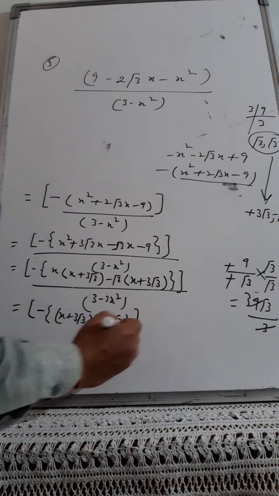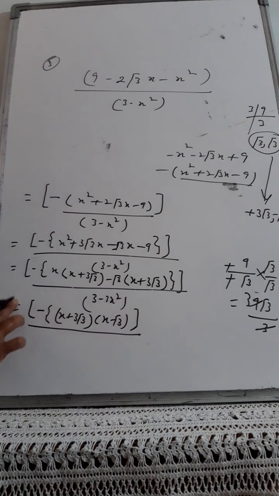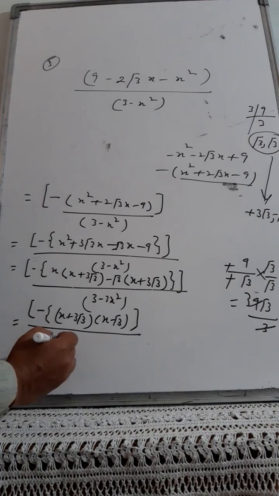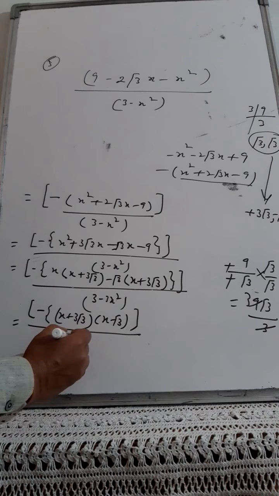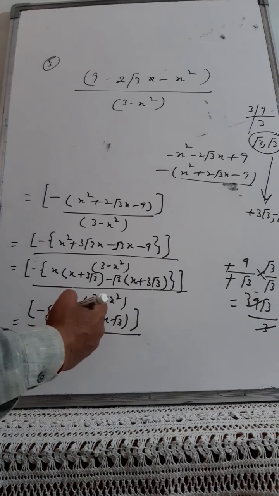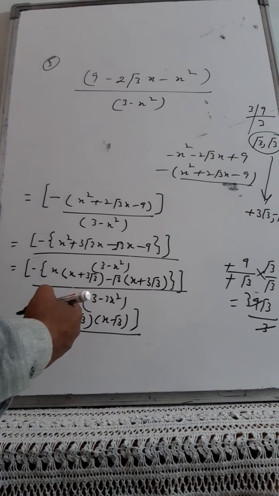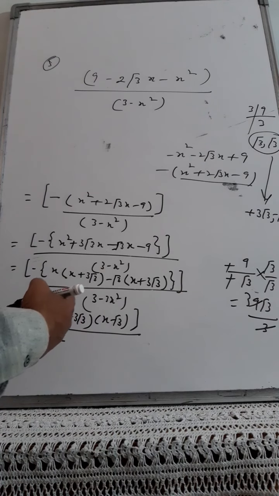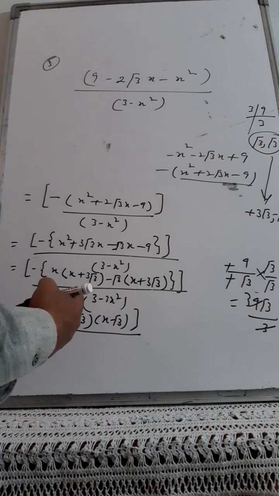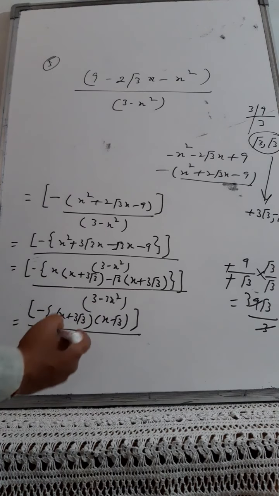So close this bracket also, and upon it you are left with minus 3. If you need to take 3 common there, you can, or you can express it as 3 minus x square if you want to go for the cancellation.